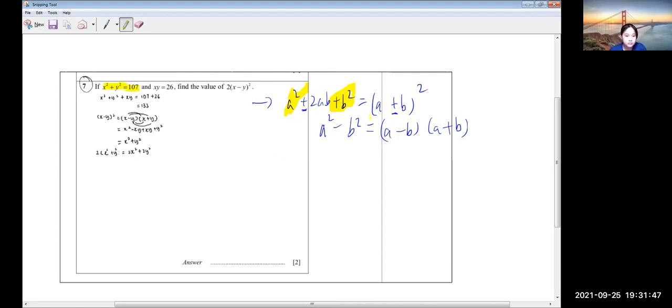Can you see you have a 2ab here? Let me use a different color. You can also take 2xy, which is 52.